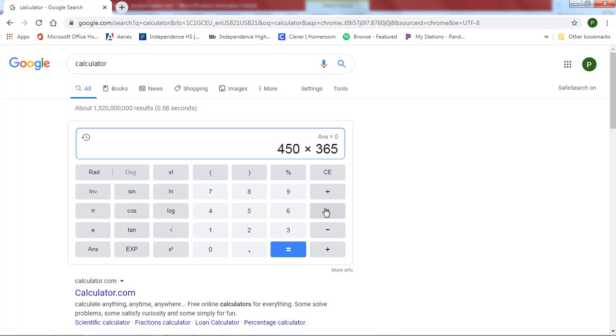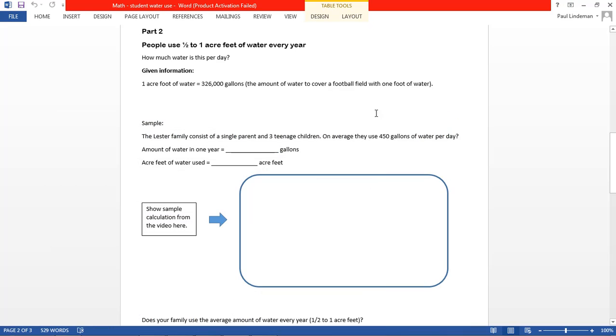We're not going to do the 0.25. All right, and that would equal 164,250 gallons. All right, so we take that number 164,250. You can enter that here.